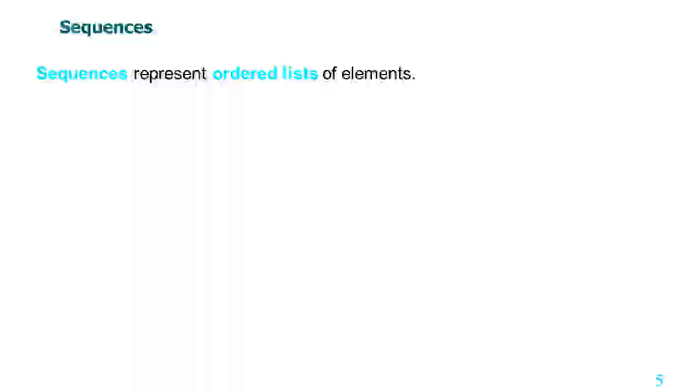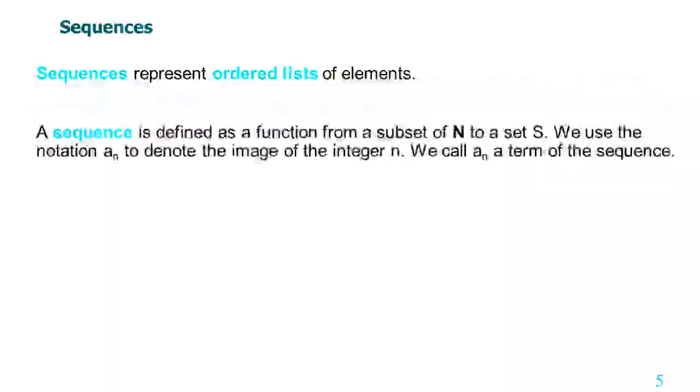Ordered means, for example, if we represent a list of even numbers, that is 2, 4, 6, 8, these are even numbers. There is a one-to-one correspondence between the elements and a natural number. We will see it in this definition.